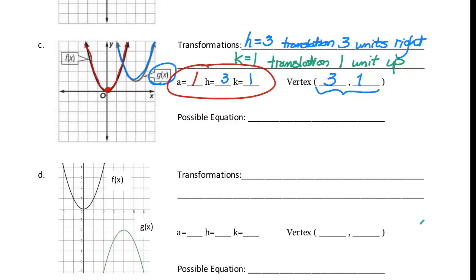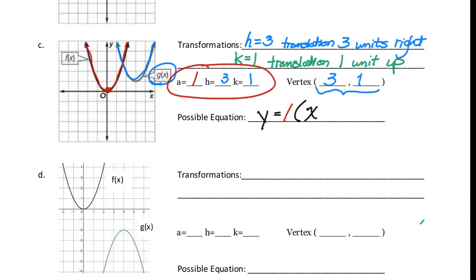Third one down. So, possible equation, y equals your a value, 1, parentheses, x. Now, remember, it says x minus your h value. Your h value is 3.